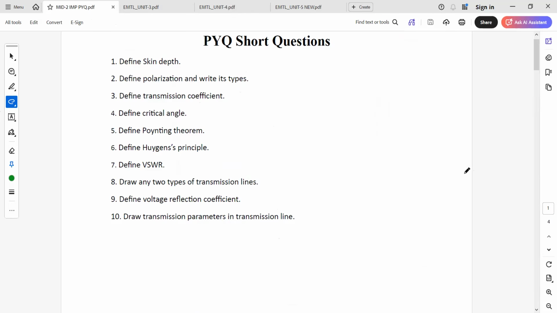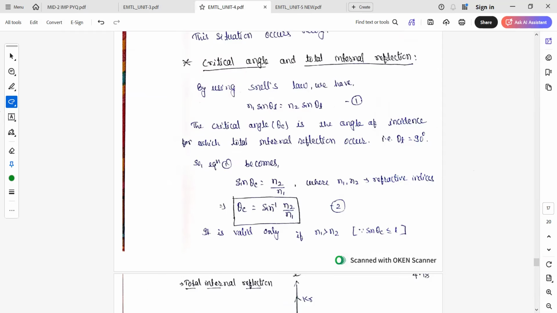Next question is define critical angle. You know this question from school days also, and here also we are going to define what the critical angle is. The critical angle is the angle of incidence for which total internal reflection is going to occur. That means the transmitted angle is going to be equal to 90 degrees.